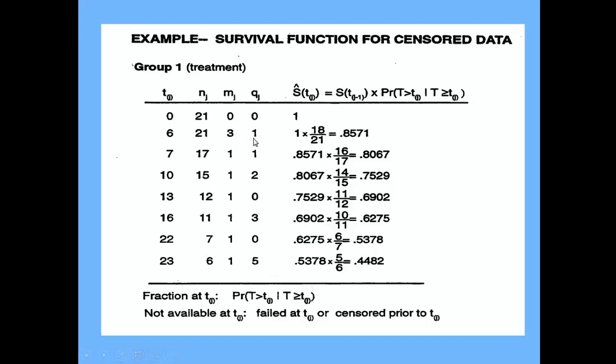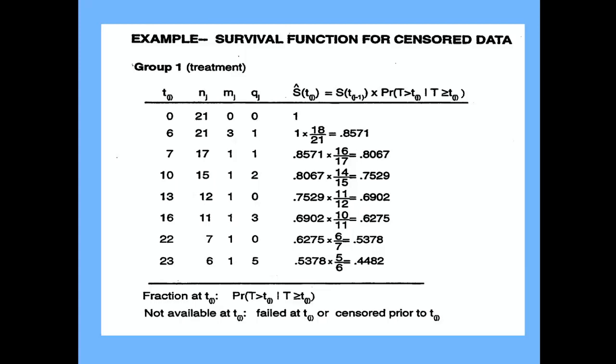At this point, I'm not worried about the people who are censored. What's the probability of surviving past 6 weeks? The person who was censored at 6+, did they survive past 6 weeks? Yes, they did.